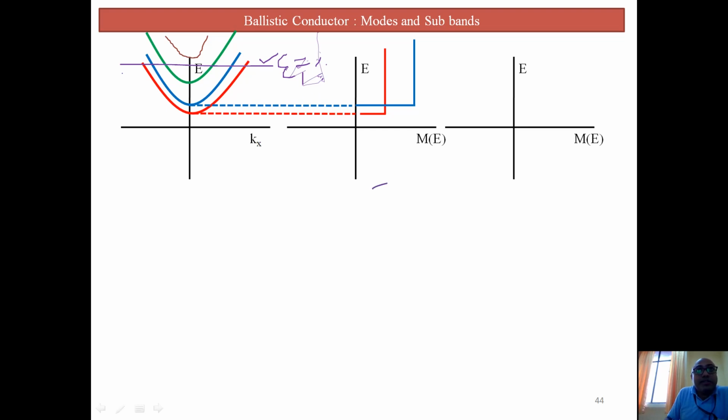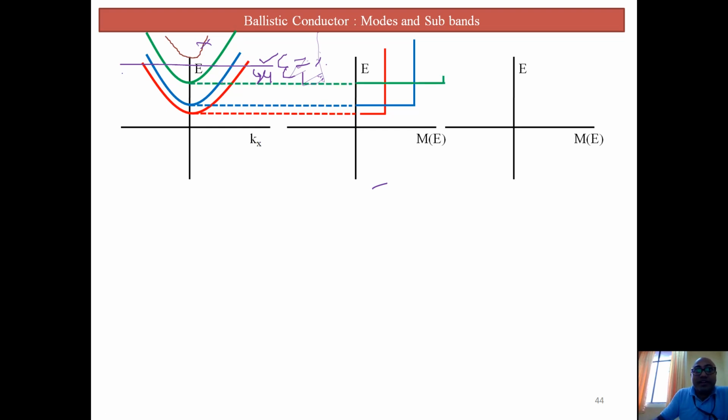You see that at a particular level, this level is mu, and I would like to know the number of modes. So as I told you, this energy is covering how many subbands? 1, 2, 3. This brown-colored one is also a subband, but this is not covered, so we should not count it. This mu is covering 1, 2, 3. These are three subbands, so the number of modes is 3.